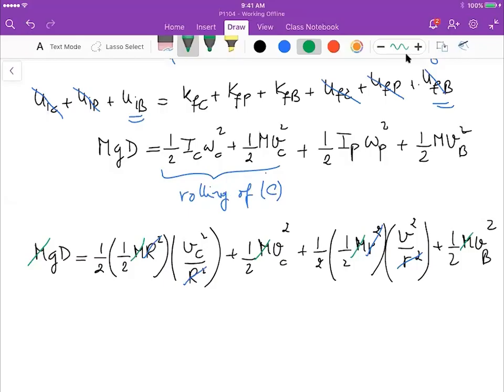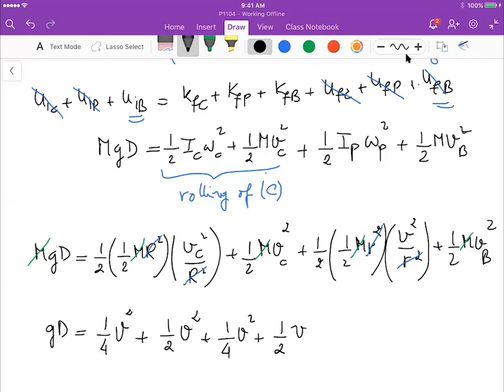So we end up with g times d is equal to 1/4 v c squared. The speed of the cylinder is the same as the v of the block, so we have v squared plus 1/2 v squared plus 1/4 times v squared plus 1/2 v b, which is the same as the v of the block, v squared.